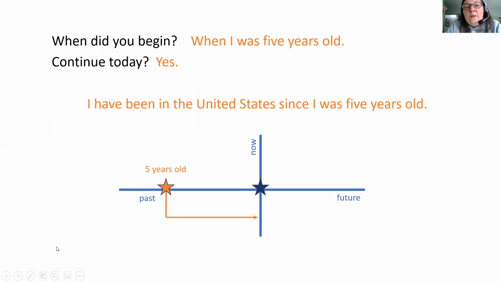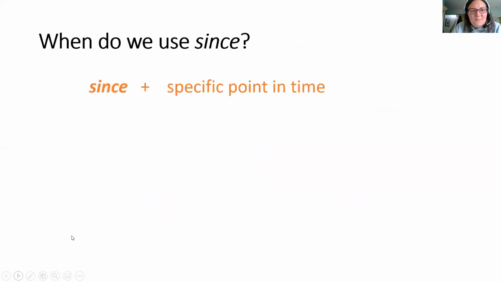And when we would go to say our answer with this specific information, we would say, I have been in the United States since I was 5 years old. But do you know why we would use since instead of for? Let's take a look. We use since whenever we are talking about starting at a specific point in time.